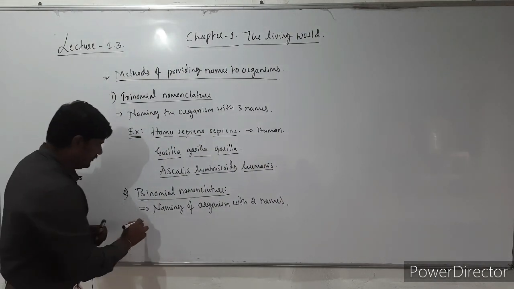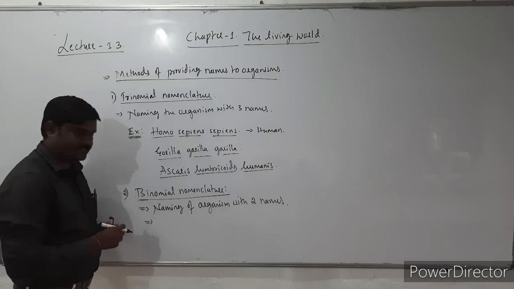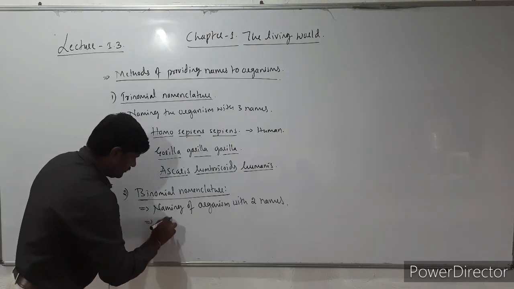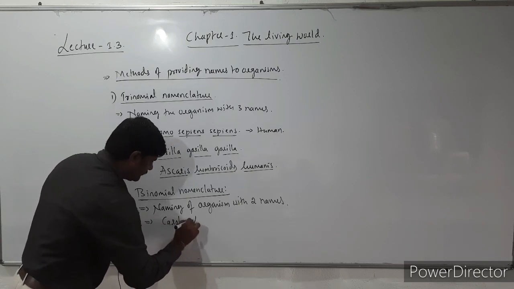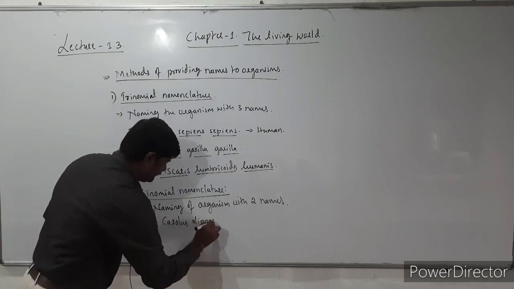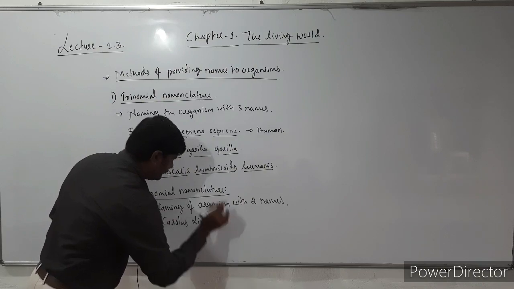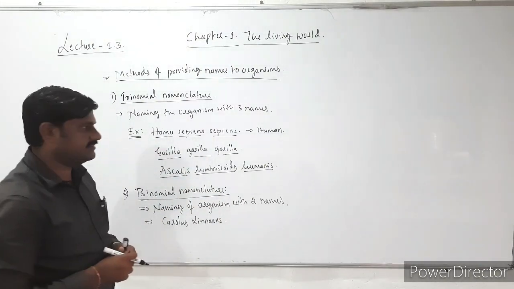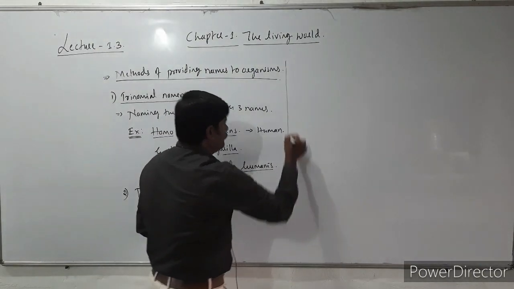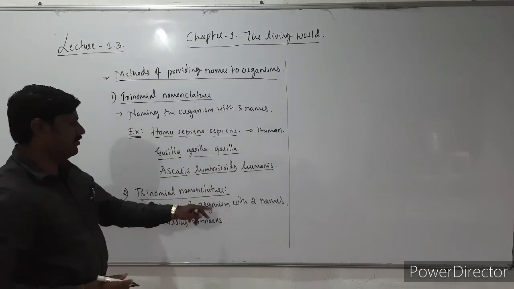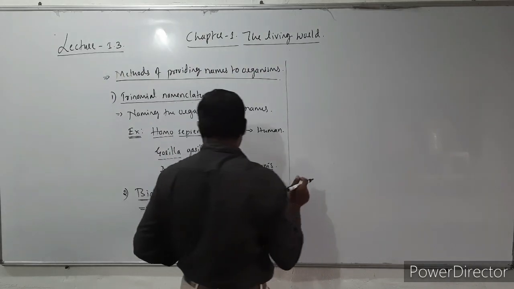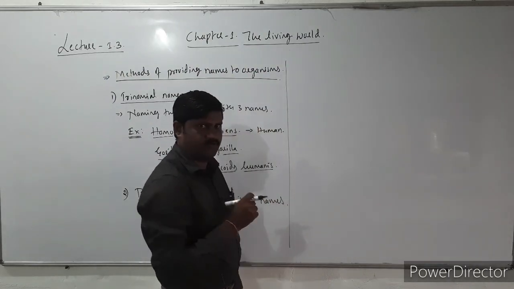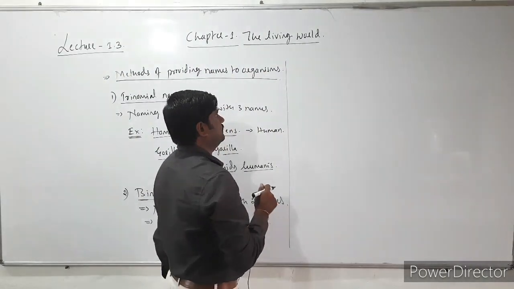This was first used by Carolus Linnaeus. Carolus Linnaeus is the scientist who used binomial nomenclature for naming the organism. This system of naming organisms was used by himself, right?